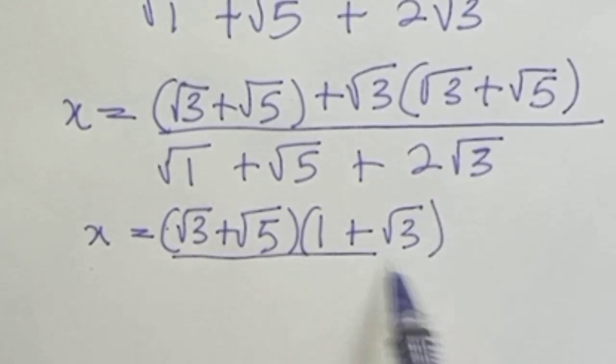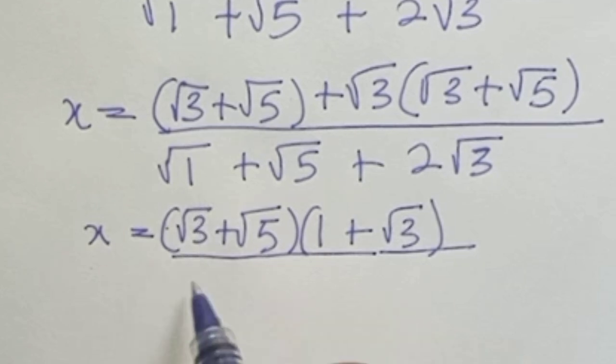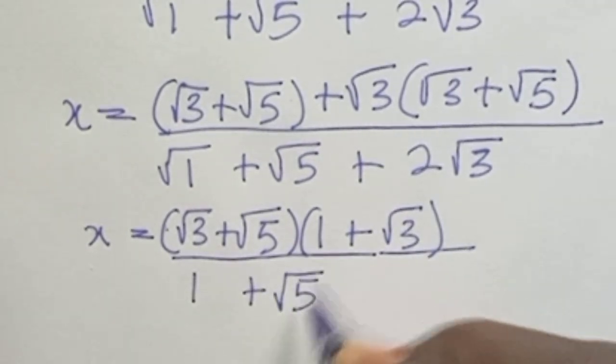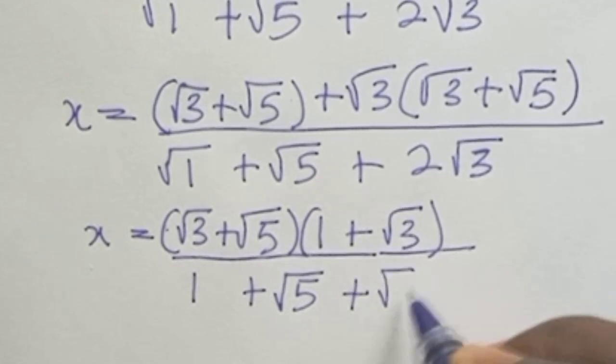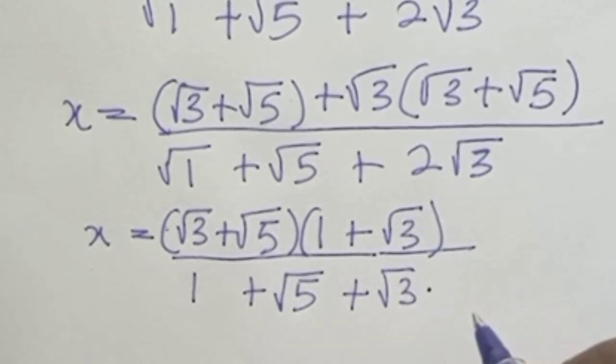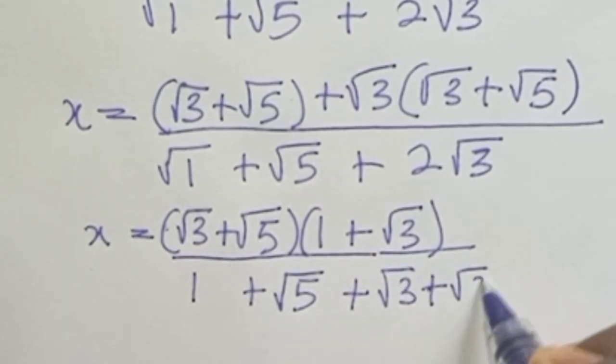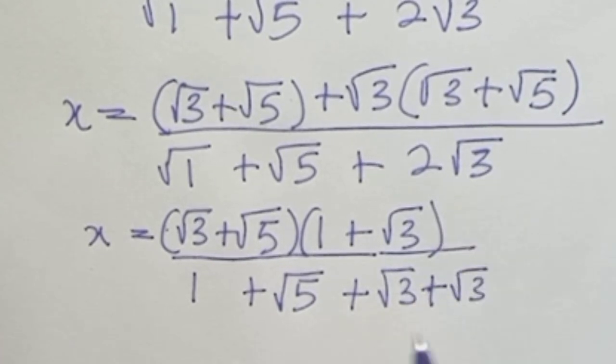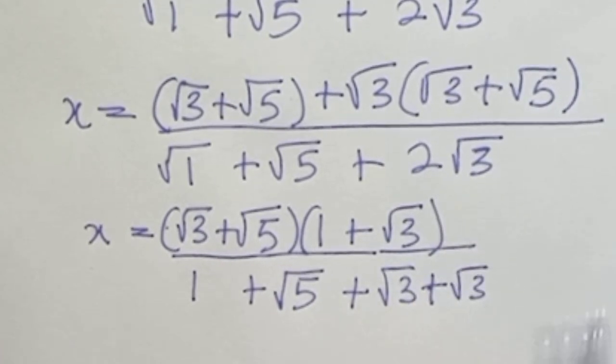So all over square root of 1 is 1, plus square root of 5 plus square root of 3 plus square root of 3. 2 square root of 3 is square root of 3 plus square root of 3.